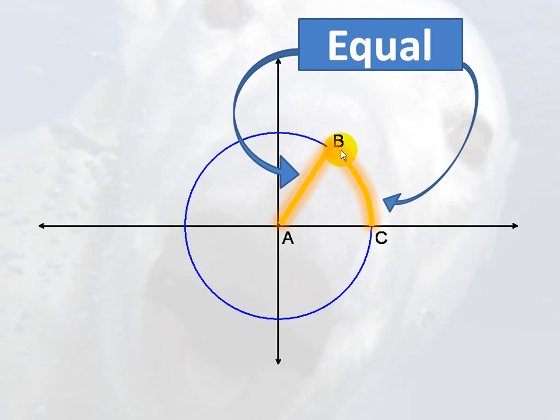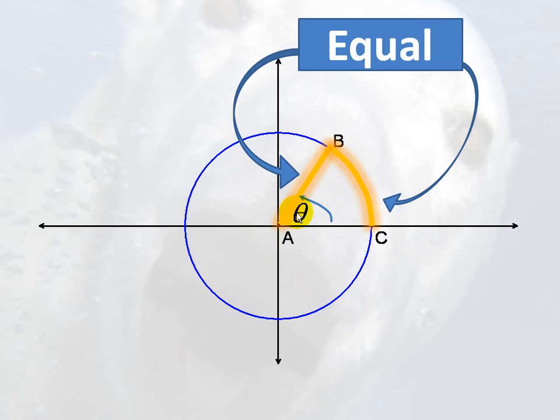That's important to realize. So this arc length is the same as this radius length. Now, I'm going to call this angle theta. Notice it has a terminal side, AB, and that angle theta is formed by coming from this initial side and rotating counterclockwise, theta units.